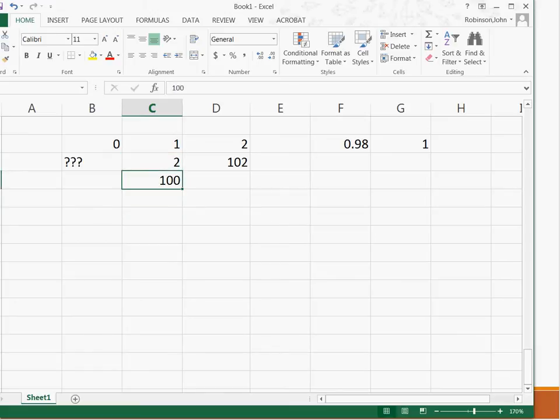Another way to think about it is we can replicate these payments by depositing $100 at the bank. 100 would turn to 102. We pull 2 out. We're left with 100. That 100 turns to 102. We pull 102 out. We're left with 0. And there's our cash flows we're looking for. So this is our bank balance before and after, and this is the cash removed over the course of our transaction.